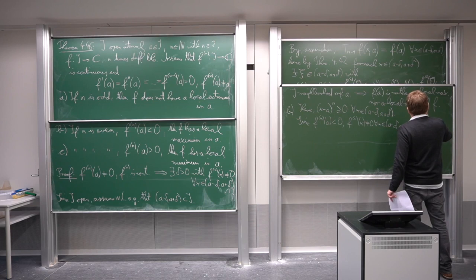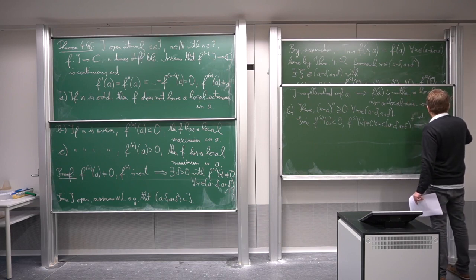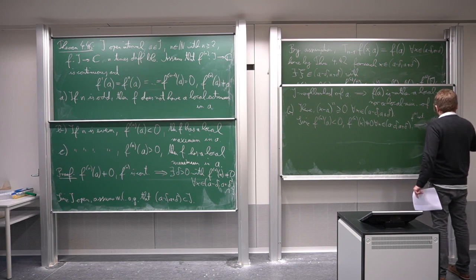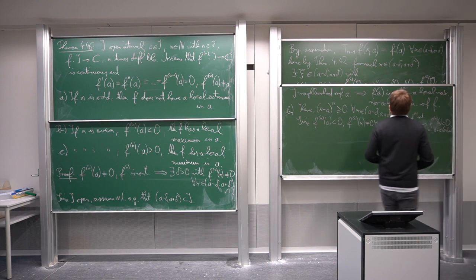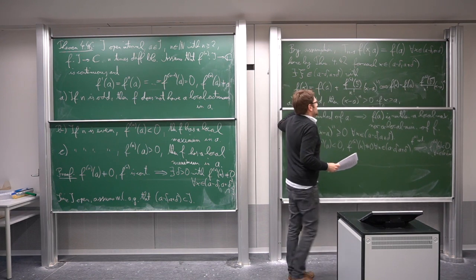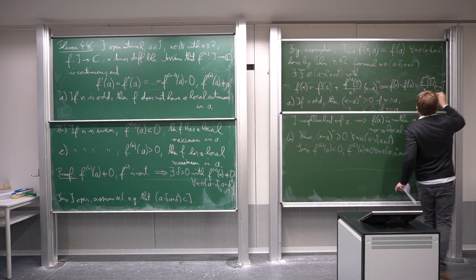Since f n is continuous, it particularly follows that f n of x is smaller than 0 for all x in this interval. So if we take a look at this expression here, let's call this star.